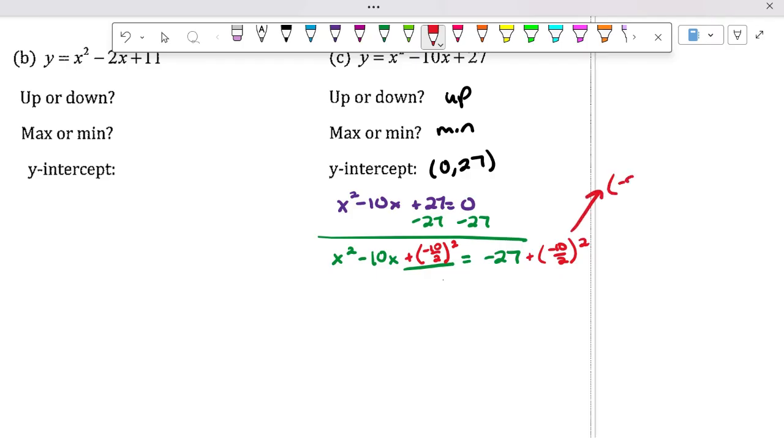Negative 5. So what's negative 5 squared? 25. So I'm going to add 25 to both sides. If I add 25 to negative 27, that's negative 2. So x squared minus 10x plus 25 is equal to negative 2.